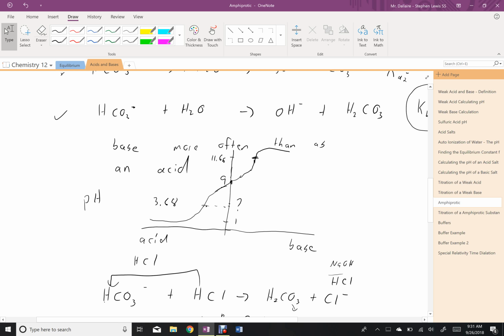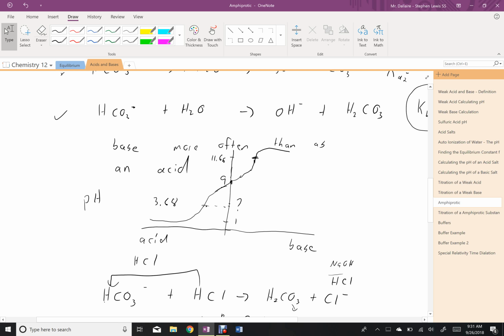So let's say I'm looking for something that changes color around 3.68. I'm titrating with the acid. I could use methyl orange. On page 609 it tells me that methyl orange changes colors between pHs of 3.2 and 4.4. So 3.68 falls in that range, so I could choose to do that if I was using the acid.